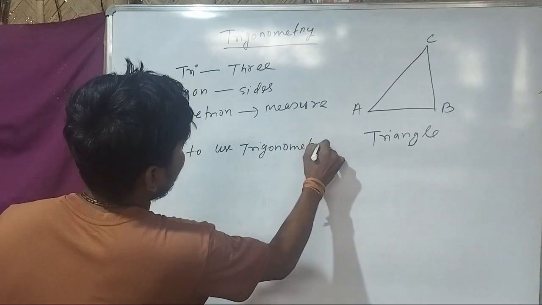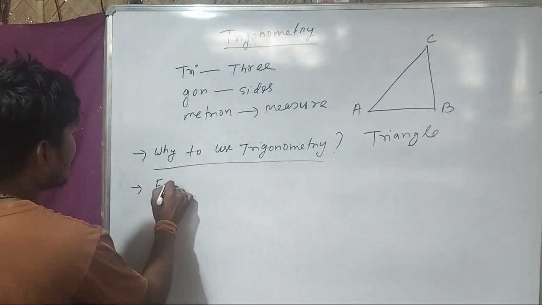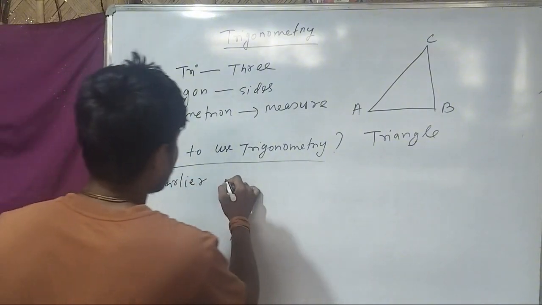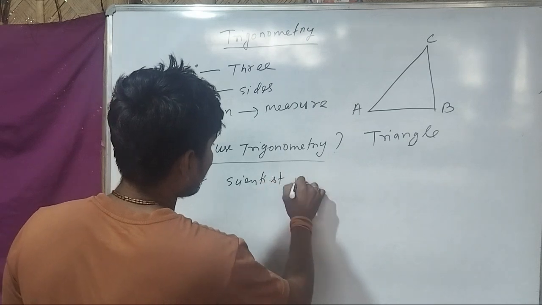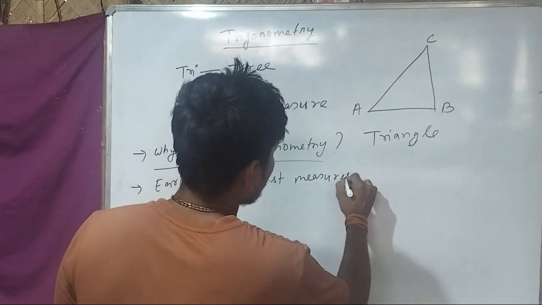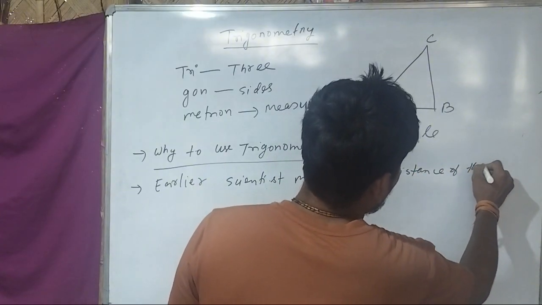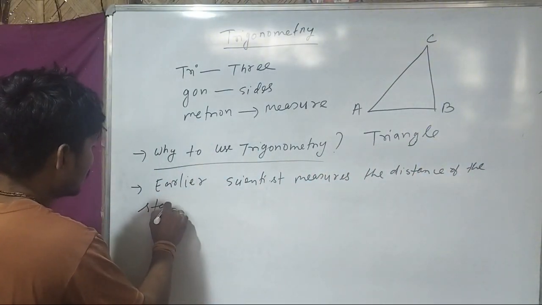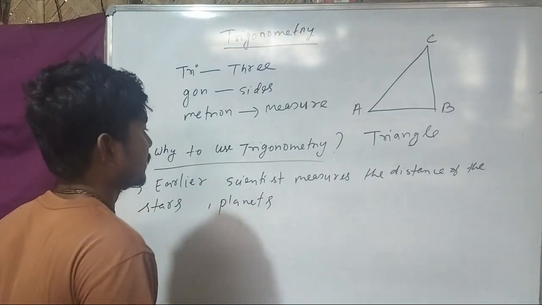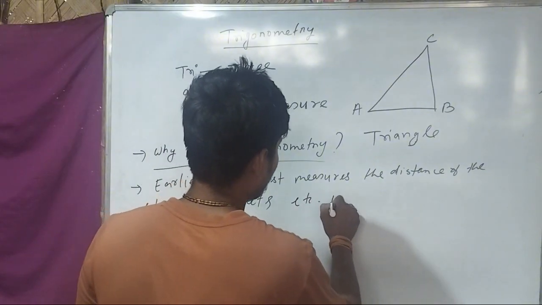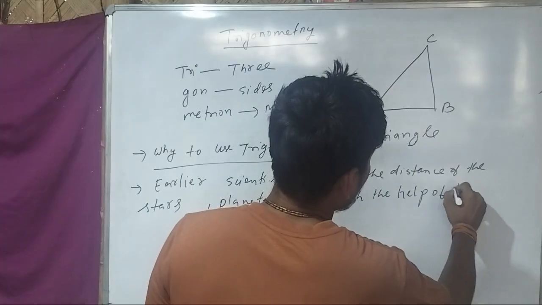What is the importance of trigonometry in mathematics? Earlier, scientists measured the distance of the stars, planets, etc. with the help of trigonometry.